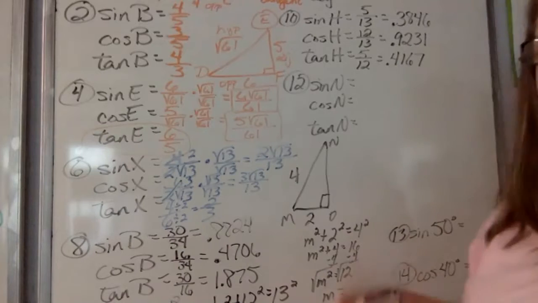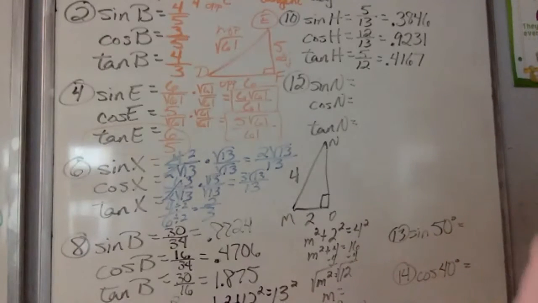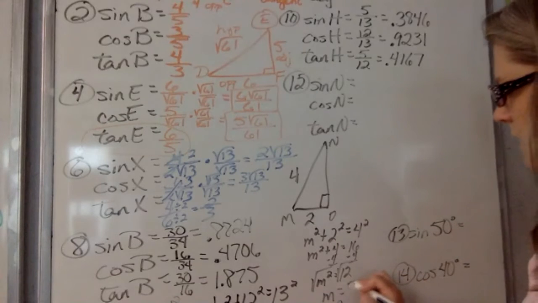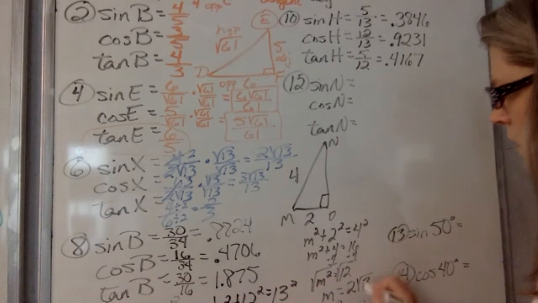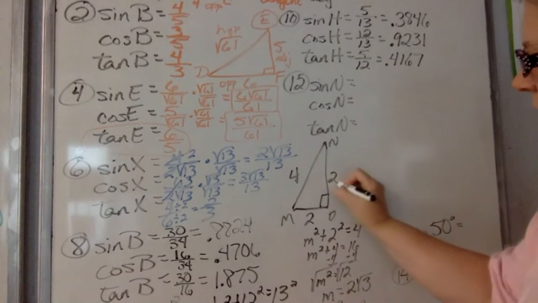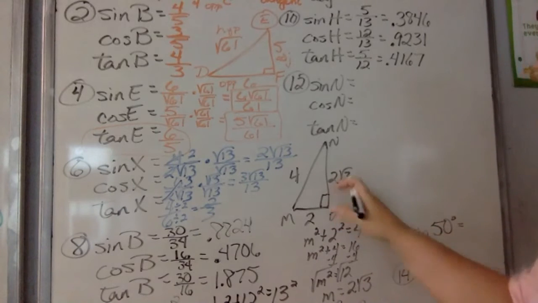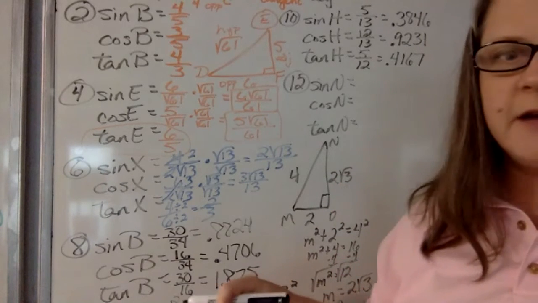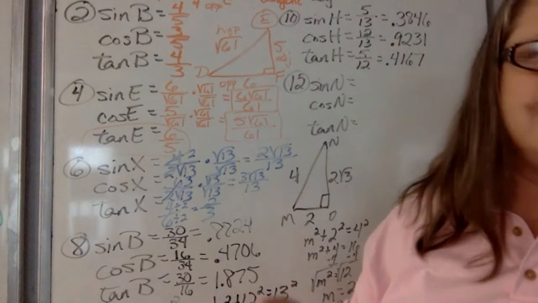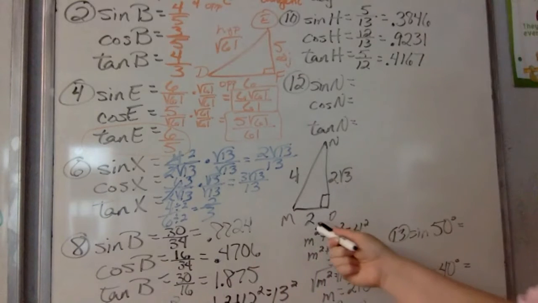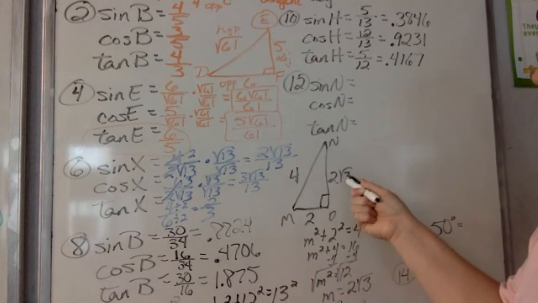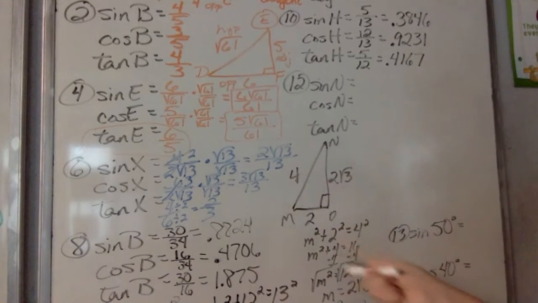Now, square root of 12, 12 is not a perfect square. So it's not going to work out evenly. You get 2 square root of 3. This would have been one of our 30, 60, 90 triangles. Does that sound familiar? 30, 60, 90, you've got short leg, long leg, hypotenuse.